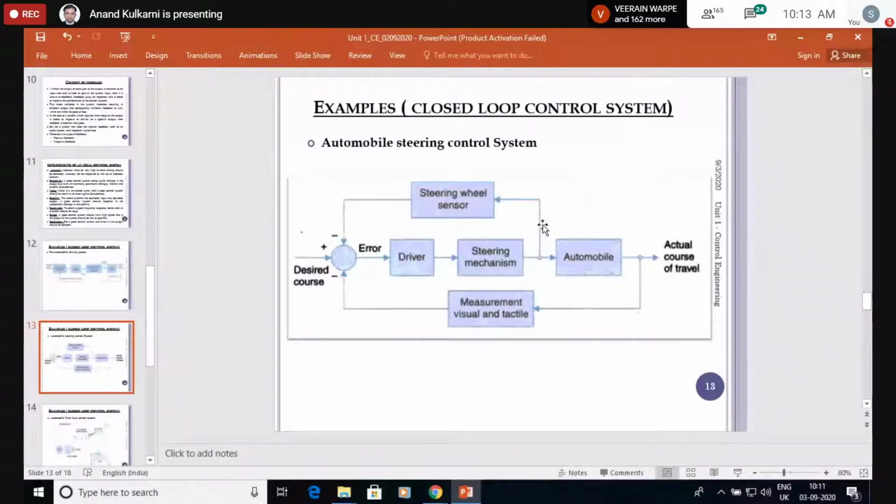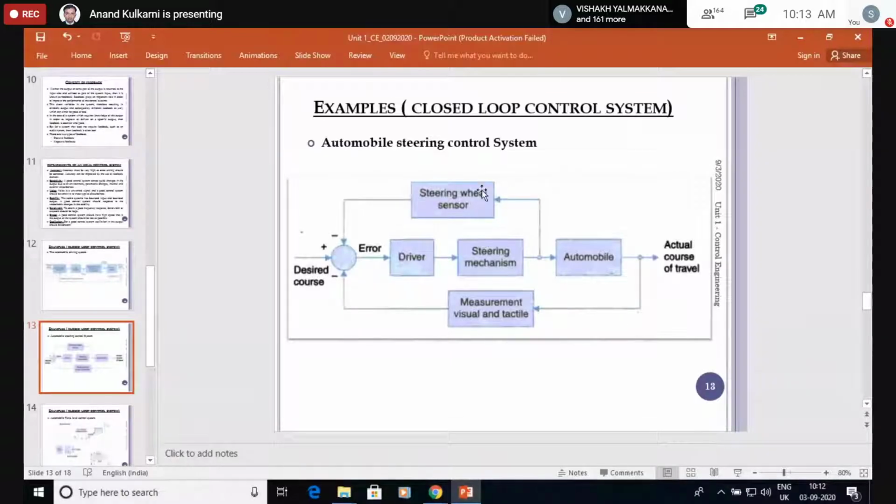Whether the required steering has been done or not, that information goes back to this error detector. Then it goes to what is known as the automobile, and the actual course of travel you are monitoring visually by your eyes, and that feedback you are also giving.